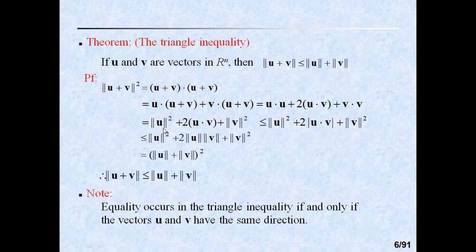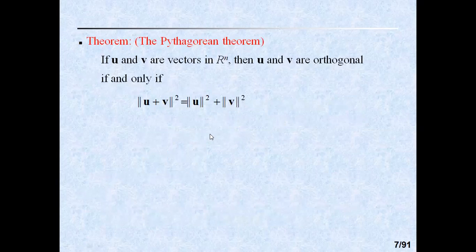That means we can get it easily as a consequence of the triangular inequality. Because u and v are orthogonal to each other, u dot v equal to 0 means we easily get norm u plus v whole square is equal to norm u square plus norm v square. That is called the Pythagorean theorem.